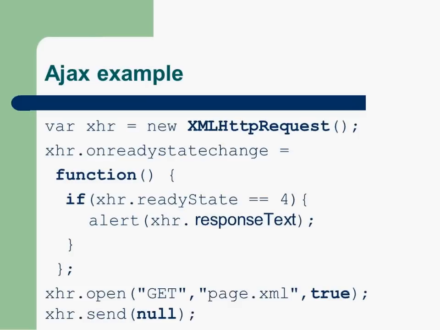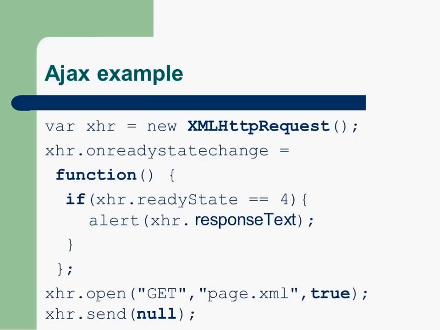Just go to the next line because that makes more sense. It's xhr.open, a request, calling the URL page.xml, and this true is where the asynchronous thing comes in, because all those Ajax requests happen asynchronously. The browser creates that object and returns control back to the JavaScript thread.